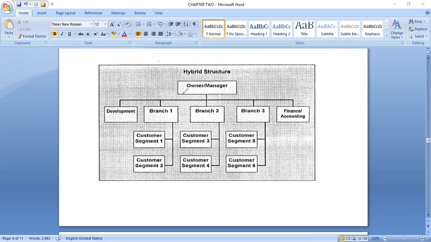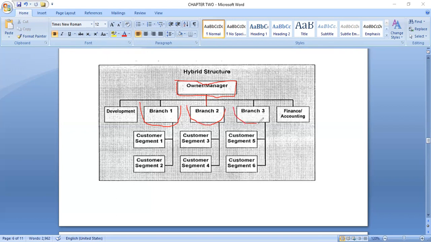That's how it will look. At the top of the hierarchy, we have the manager, who is the owner. And next, what do you realize here? We have a combination of geographical organization structure, because we have seen that with geographical organization structure, we are looking at different locations.